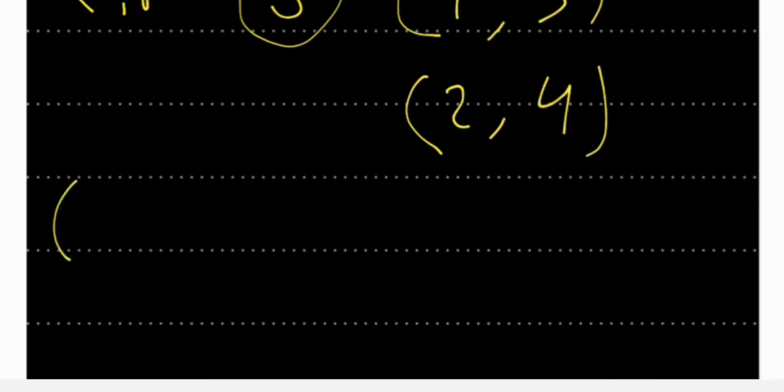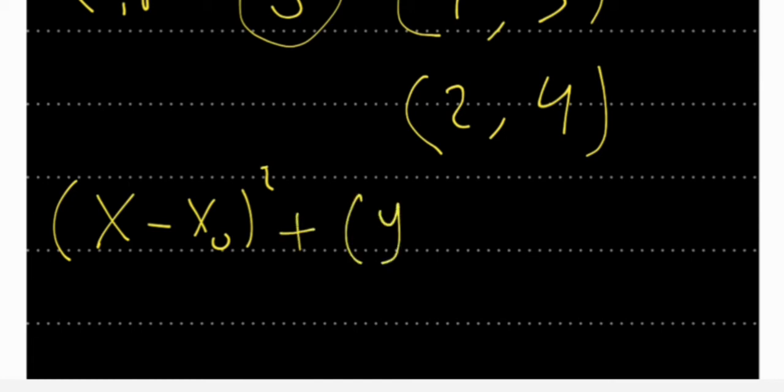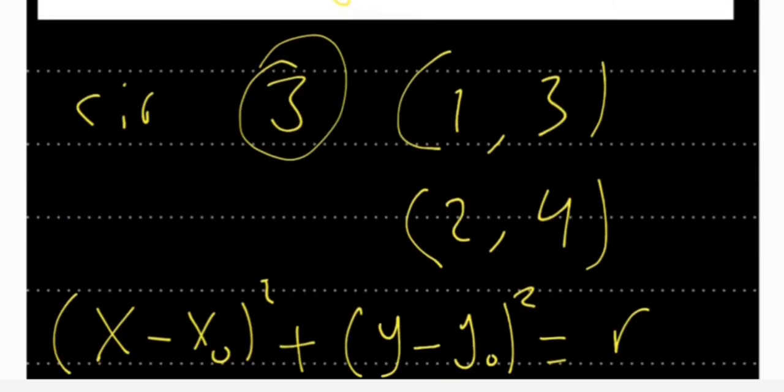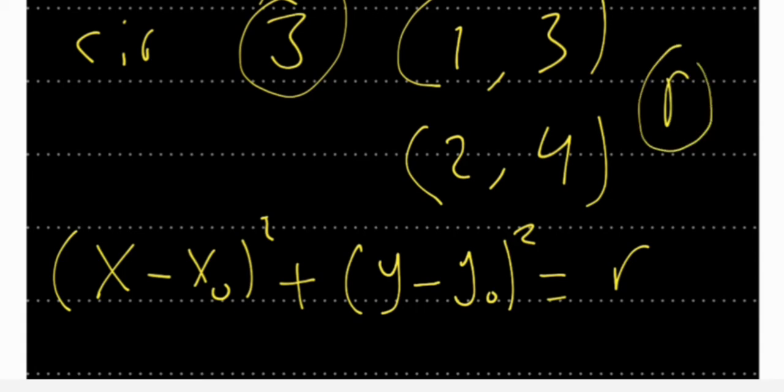If you remember the equation of a circle, we can use the center of the circle and the radius. So if we knew the radius or a third point, it would be perfect, okay? But let's go directly to what we need to solve.